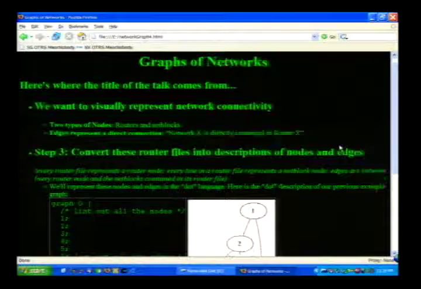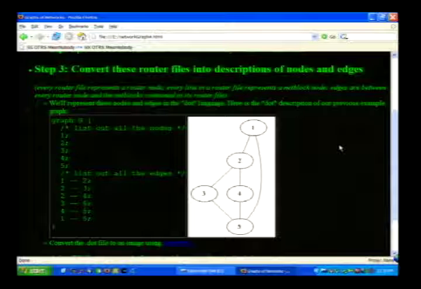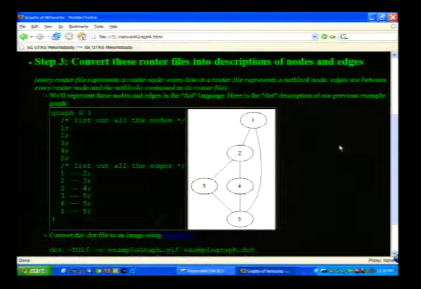Let's talk a little bit about graphs again. We can take the same graph that we saw earlier and represent it in a language called DOT, which is just basically a language for describing the way a graph is. So you see we define our vertices, 1, 2, 3, 4, 5, and our edges, 1 to 2, 2 to 3, 2 to 4, 3 to 5, and so forth. And then we can use something like GraphViz to render that into the image that you see on the right there.